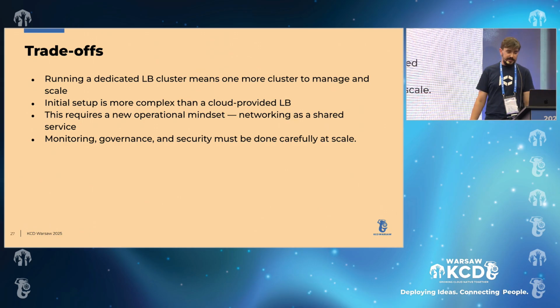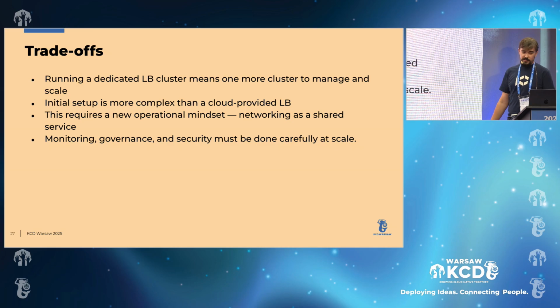So I want to talk about some trade-offs. Running a dedicated LB cluster means one more cluster to manage and scale. This can be a problem, and definitely it is also a problem with scale: how we want to scale our clusters when more traffic is coming in, and how many kubelb pods and Envoy Gateway pods we want to have.